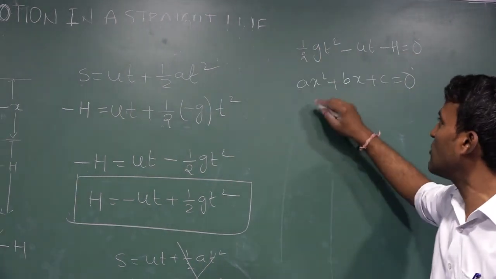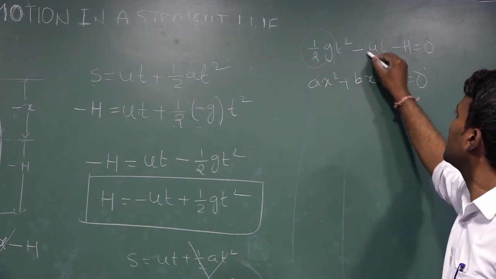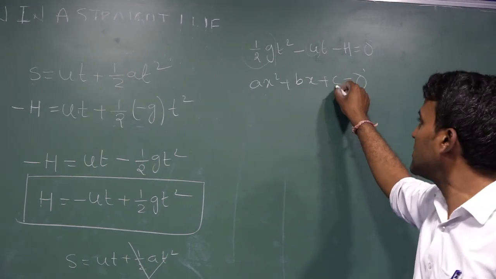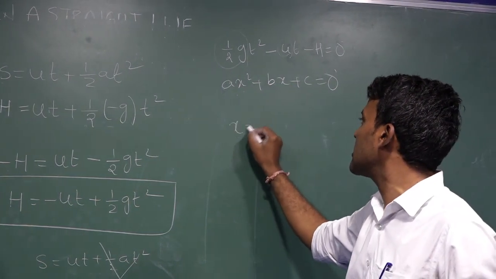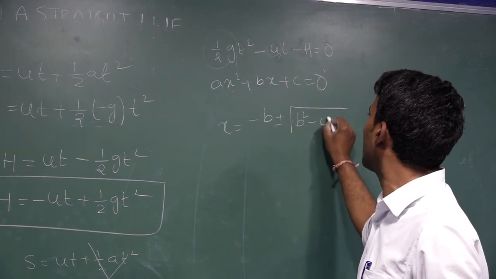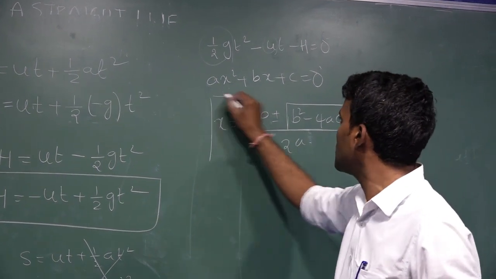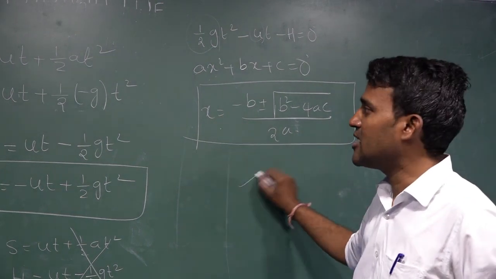In this equation, this is a, this is b, and this is c. How can you write the formula? x is equal to minus b plus or minus the square root of b square minus 4ac, divided by 2a. By using this equation, you can calculate the time. Okay.